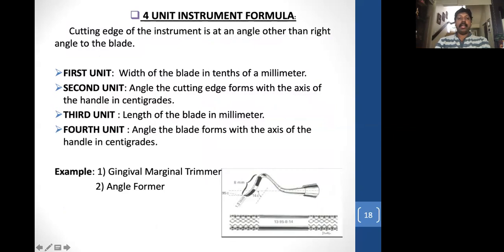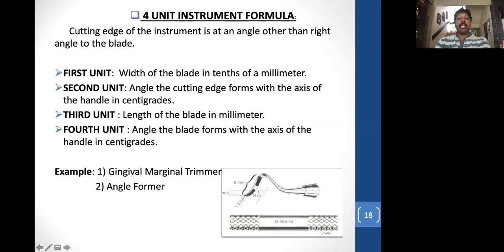What is increased here? First unit is same, third unit is same, fourth unit is same. The difference added one is second unit. What is the second unit?